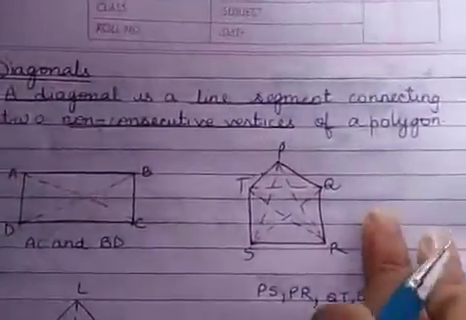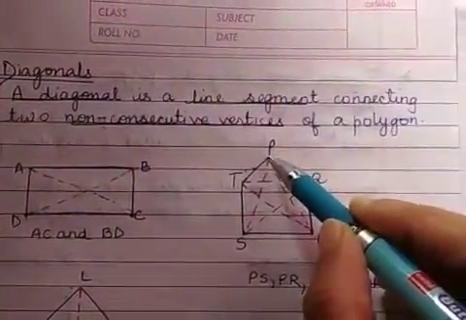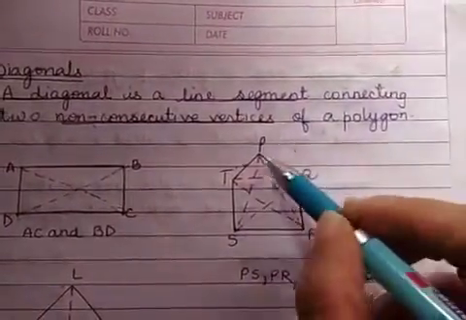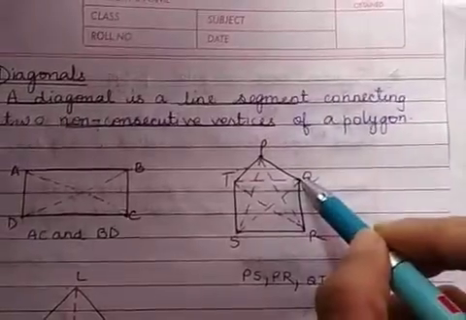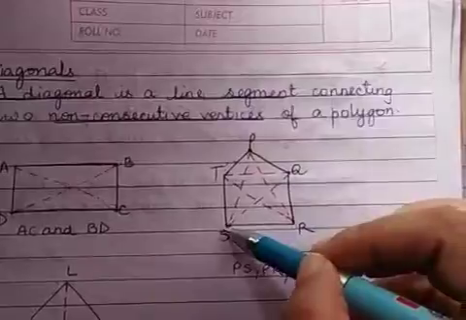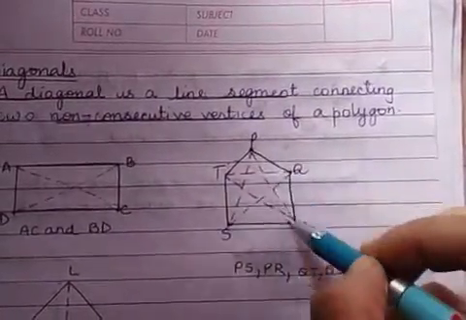What about this one? The polygon is PQRST. From here, if you check, these are consecutive vertices, so my diagonals will be to these two vertices. So this is 1, this is 2.